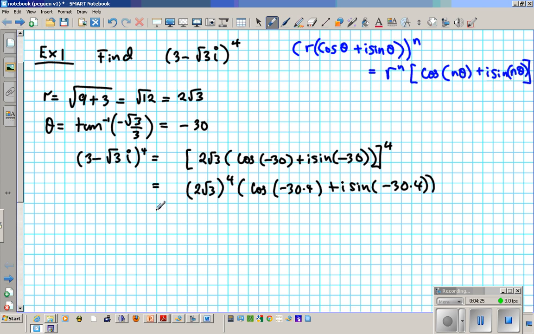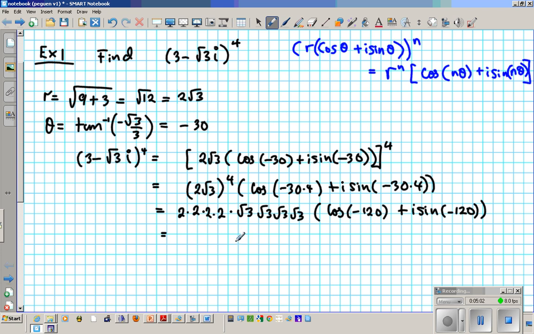Now if we want to expand this, I'm going to have four 2's, 2 times 2 times 2 times 2, times four root 3's, and that's times cosine negative 120 plus i sine negative 120. If I simplify this, 2 times 2 times 2 times 2 is 16, and the root 3's give us 3 and 3, so 16 times 3 times 3.